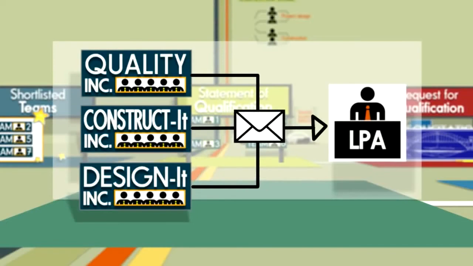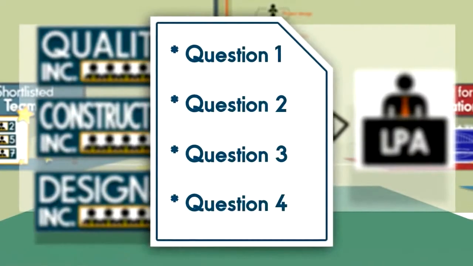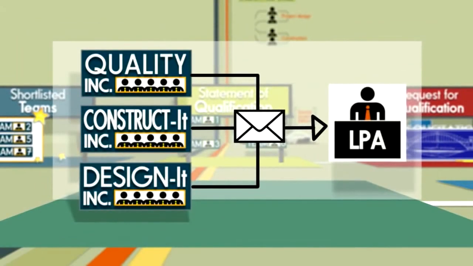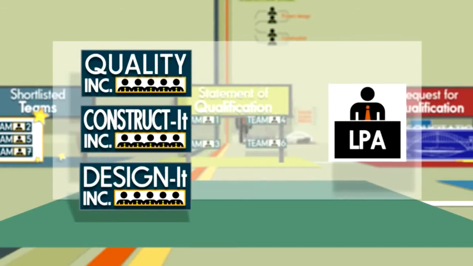As interested teams, they are allowed to inquire about project details such as scope, output, or quantity of product, and the LPA's receptiveness to innovative ideas. After receiving the completed statements of qualifications from the design-build teams, Hometown LPA responds to the team's questions.